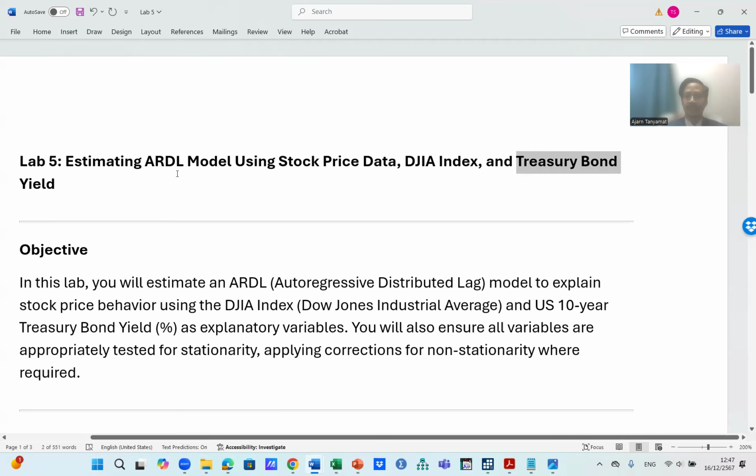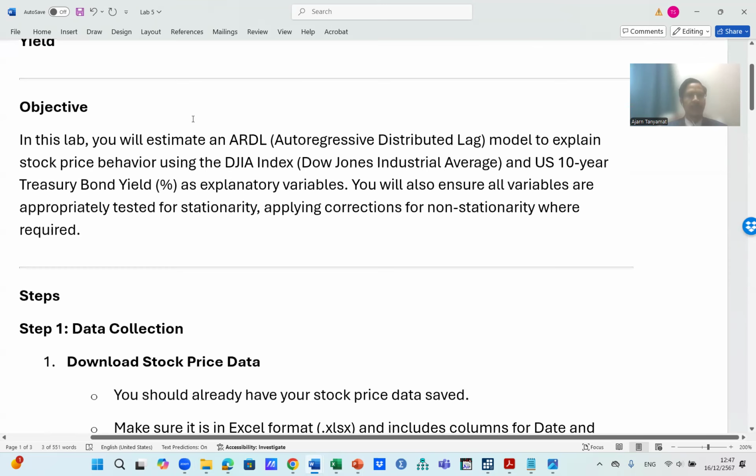It's a safer investing strategy. So when stocks are doing well, people are going to move away from T-bond to stocks. And vice versa, when stocks are not doing too well, people will move to bonds. Okay, so we want to assess this relationship using the ARDL model. And you'll estimate the ARDL model here.